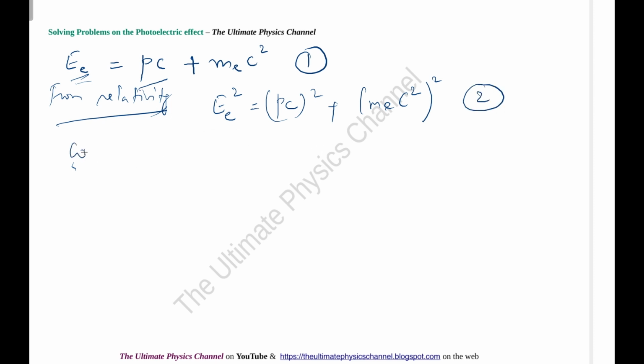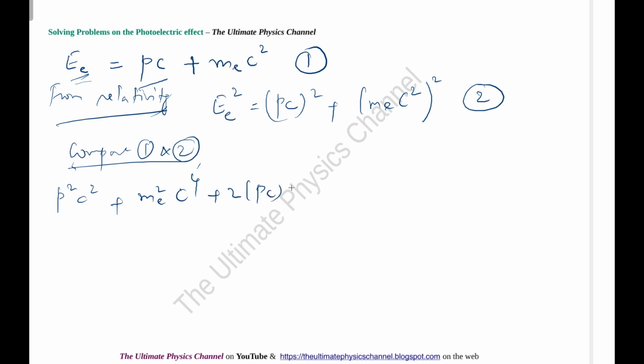Now if we compare 1 and 2, I can square the first equation and then compare. If I do that, on the left side I will have p squared c squared plus me squared c power 4 plus 2 pc me c squared.